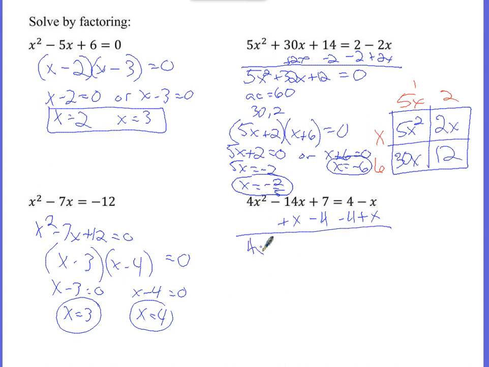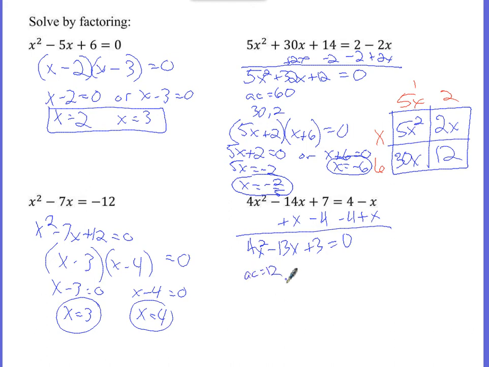The 4x squared sticks around. We get what? Good, negative 13x, and then plus 3 equals 0. Now what? GCF. Is there a GCF here other than 1? No. So now what? AC equals?